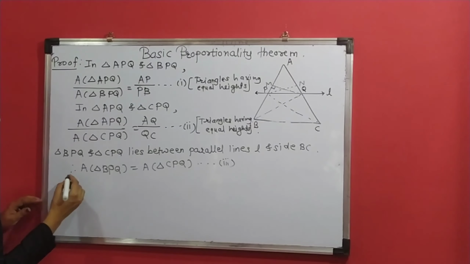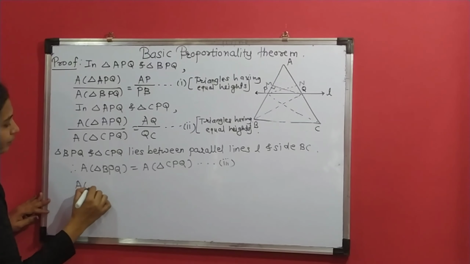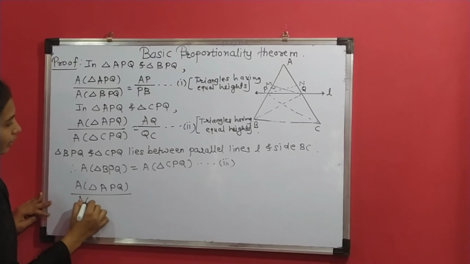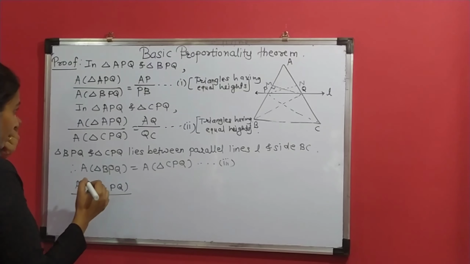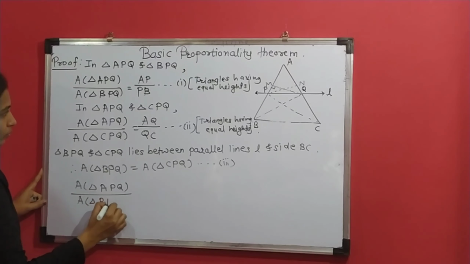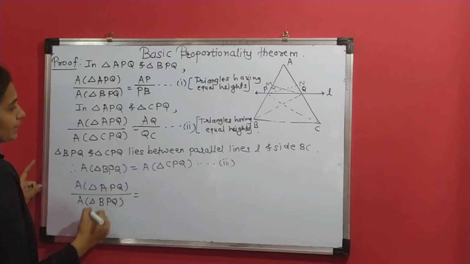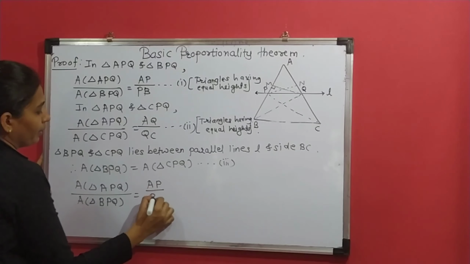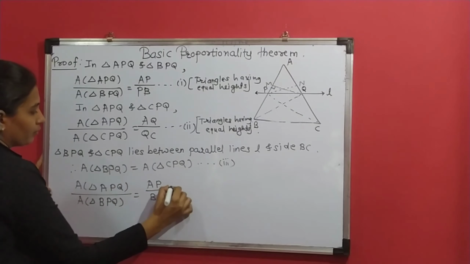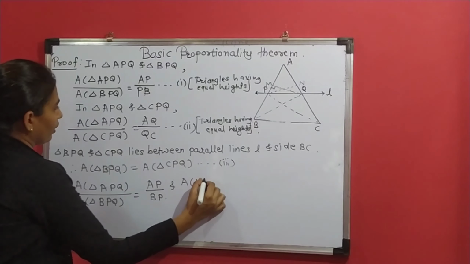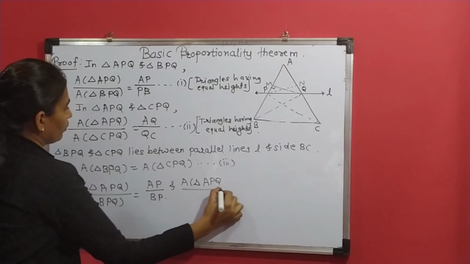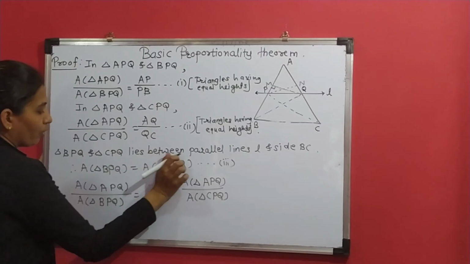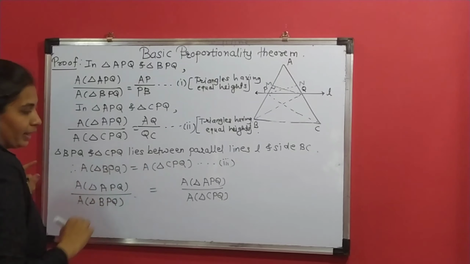So I can write here area of triangle APQ upon area of triangle BPQ is equal to AP upon PB, and area of triangle APQ upon area of triangle CPQ, or we can write these ratios are equal.